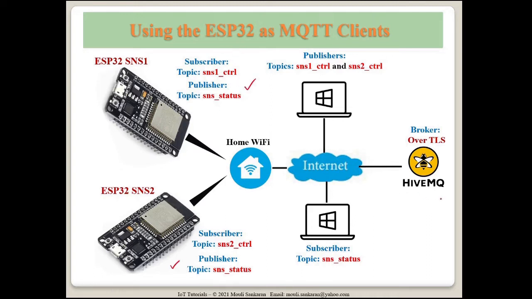They also send it to the same broker, but they do it on different topic. So they get controlled using this topic. So we can specifically control these sensors, and they send their status with their own client ID information to somebody who is interested in knowing the status of these sensors, whether it is alive or not.